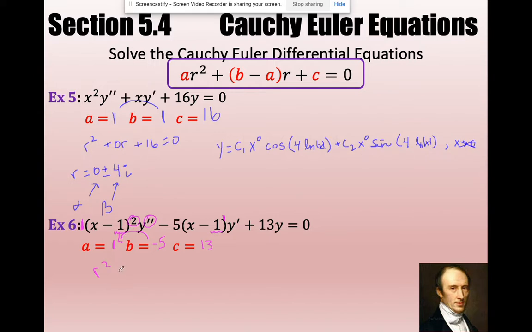B minus a. This was 6 plus or minus the square root of negative 16 over 2. Which simplified to 3 plus or minus 2i.